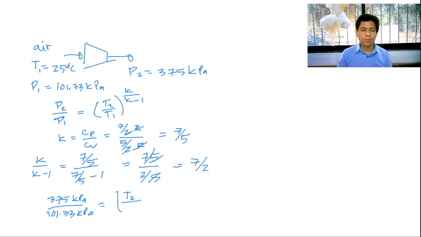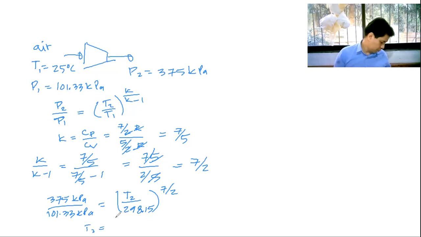Tapos we need to convert 25 degrees Celsius to either Kelvin or Rankine. So, syempre sa Kelvin tayo, no? 25 degrees Celsius plus 273.15 is 298. So from this, we should be able to come up with T2 is equals to 433.32 Kelvin.